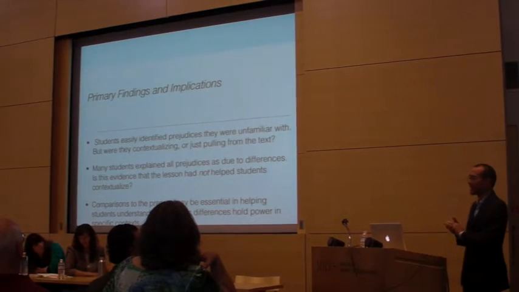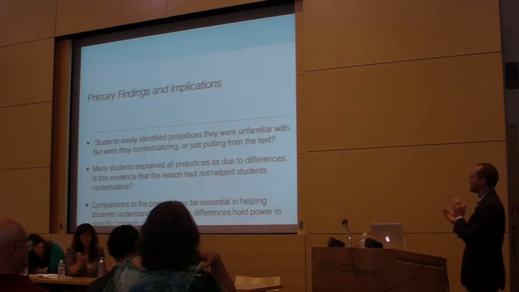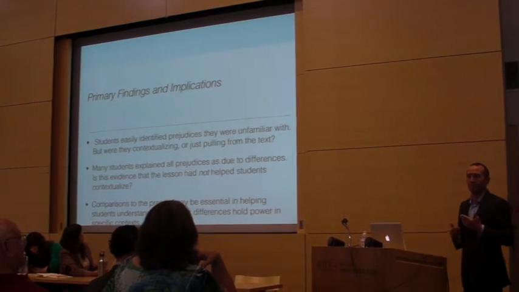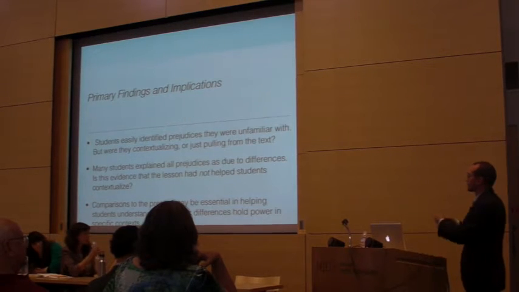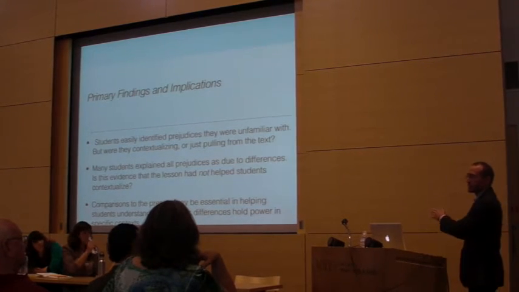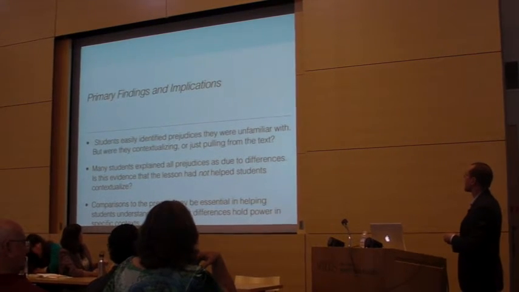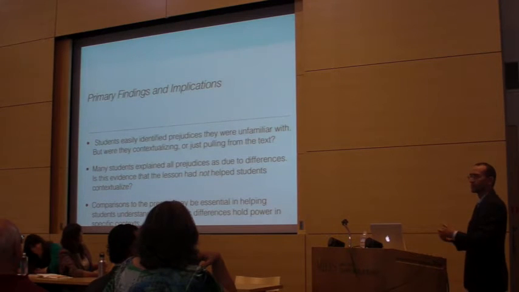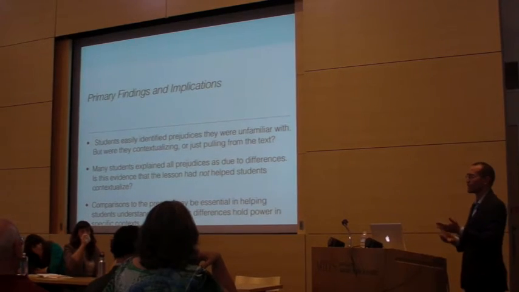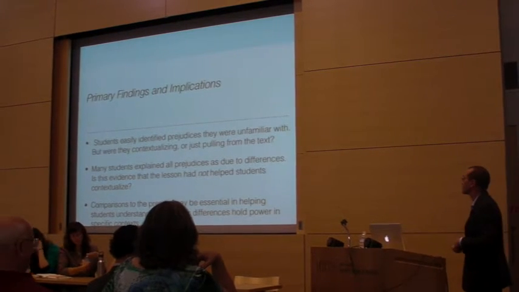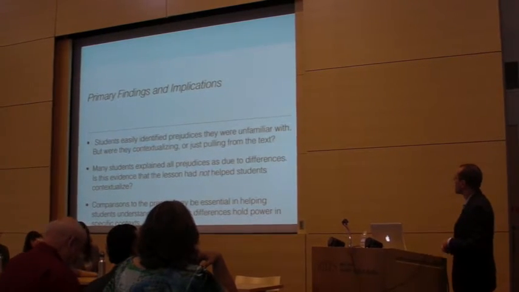One of the dilemmas that I had with that response was that I really wasn't sure if the students were contextualizing, if they understood why those prejudices existed, or if they were just pulling what I had written from the text. So they were easily able to identify the prejudices, even though they're very foreign. Like, we don't think about not liking someone because they don't eat grain, although that was actually something that existed in many civilizations.